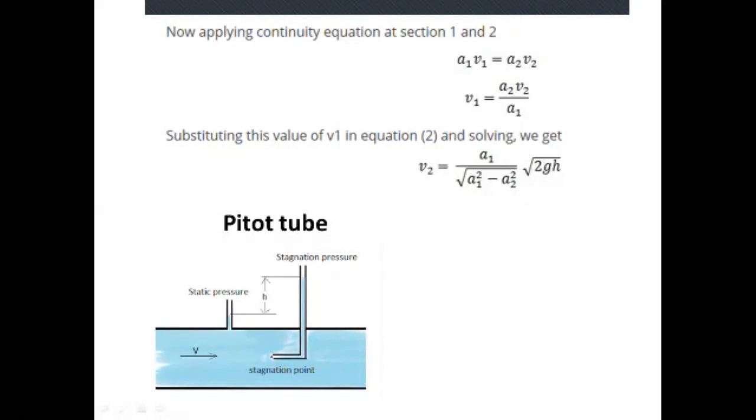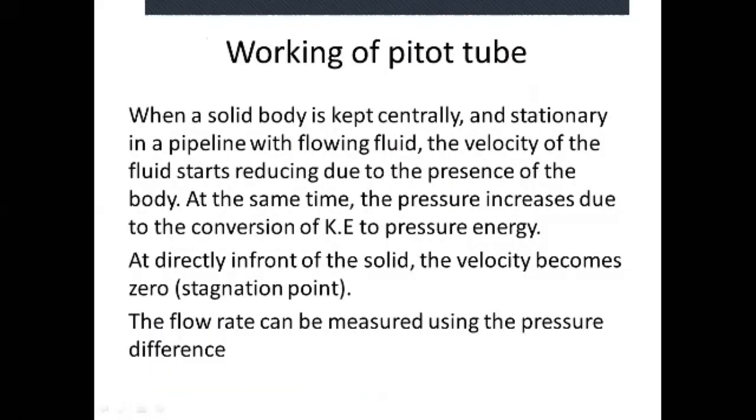The second application is the pitot tube. Basically, the pitot tube works on the level of water which is flowing through a particular tube, and then you insert what you call a stationary point or a stationary object. As you can see here, this is a very narrow tube.